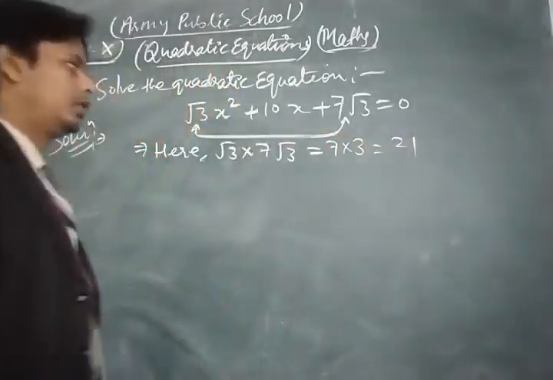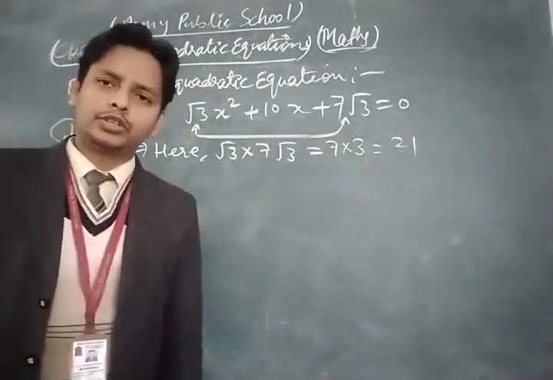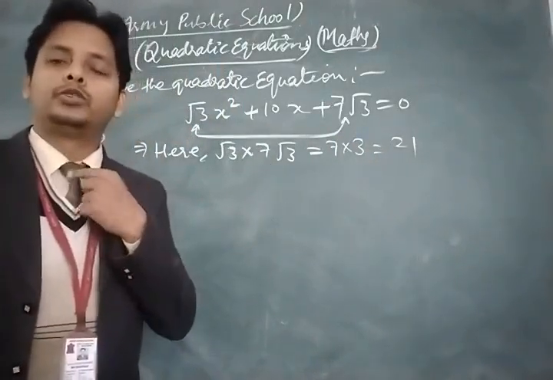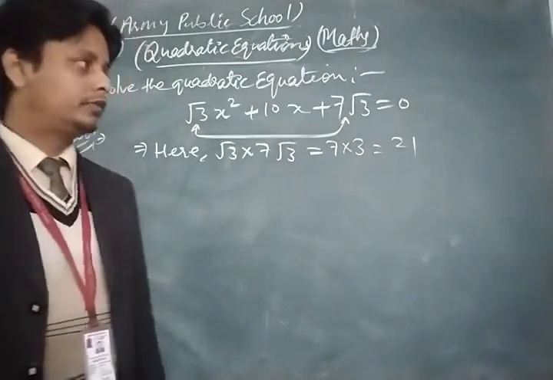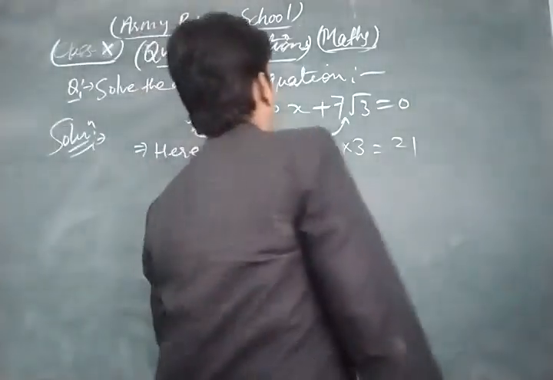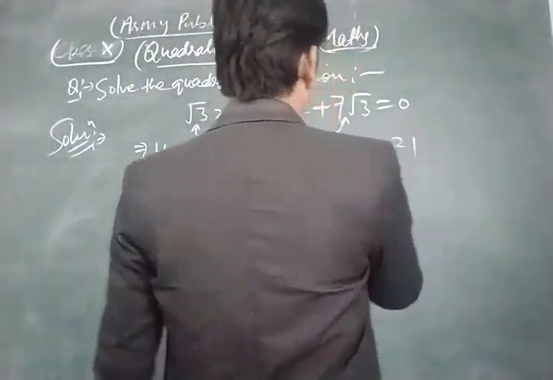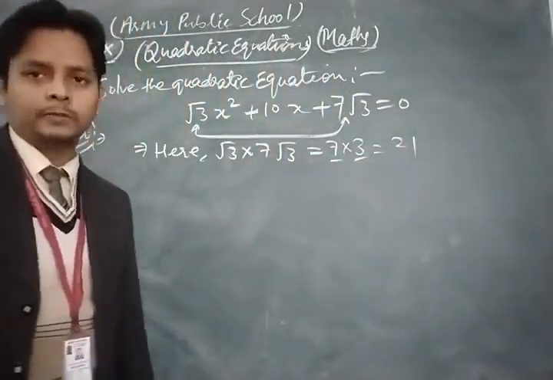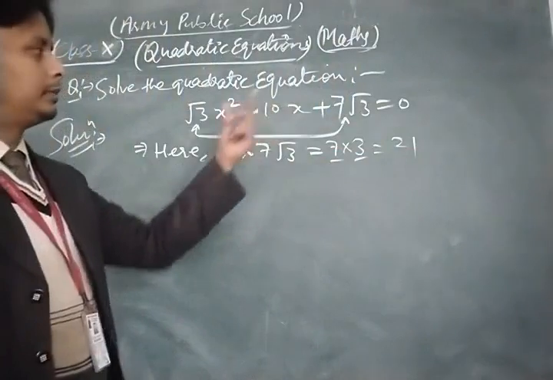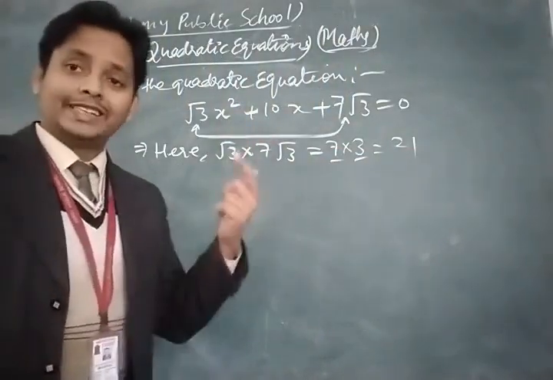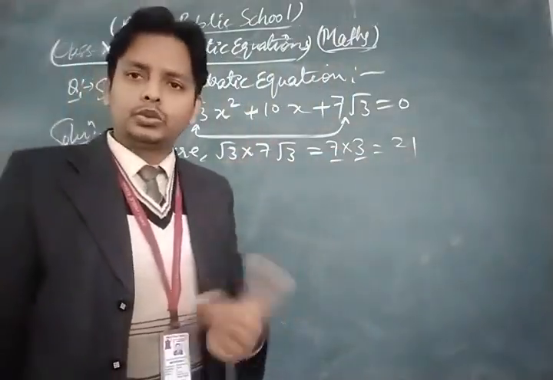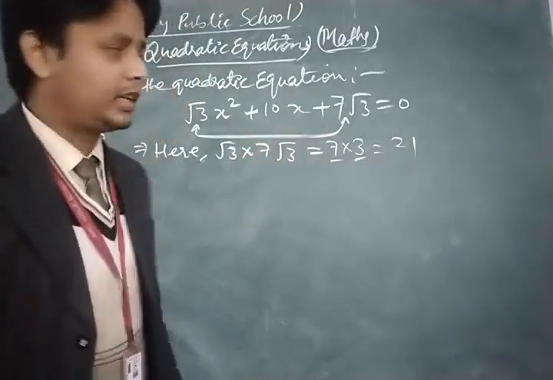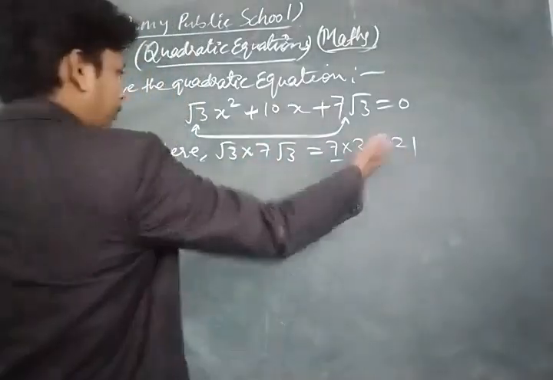Now we do the prime factorization of 21. After doing the prime factorization of 21, we get 7 times 3. So now we split the middle term 10x into two terms by the prime factorization of 21.